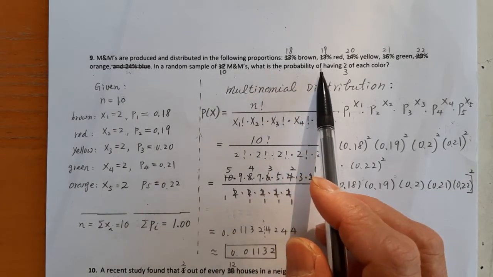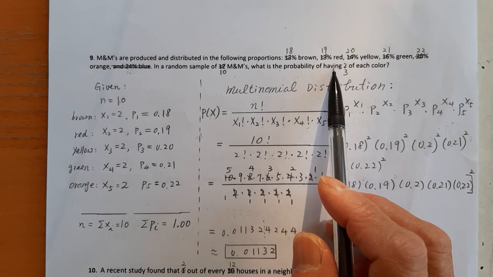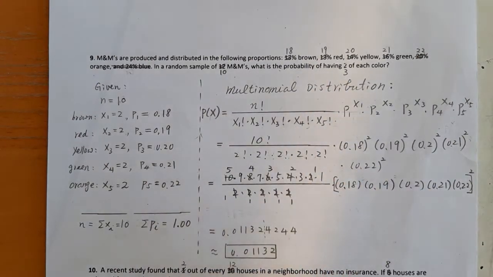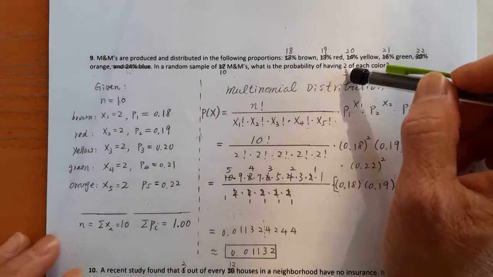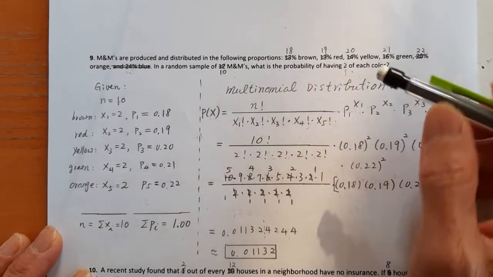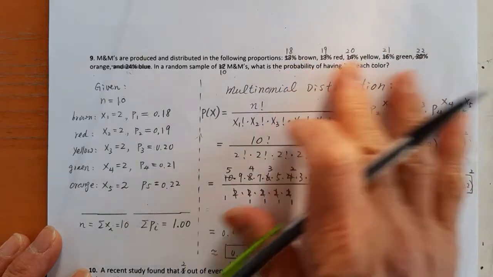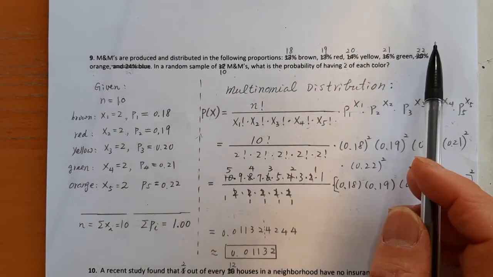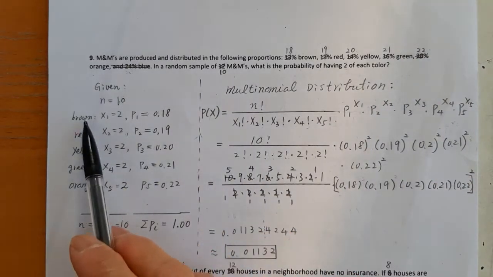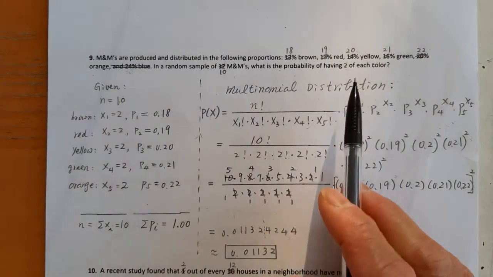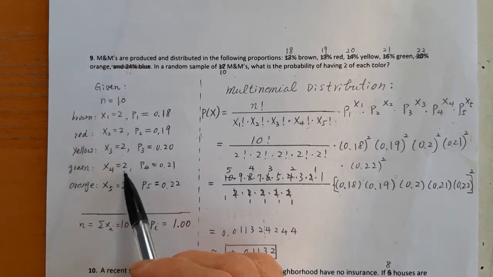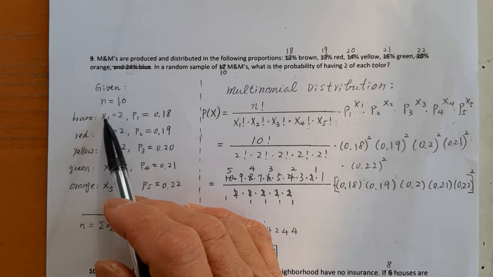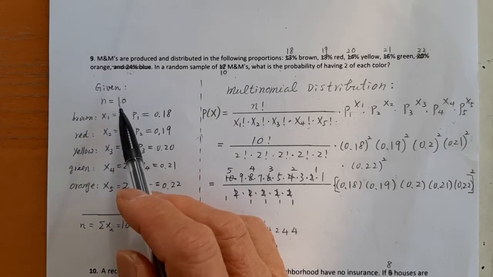And what is the probability of having 2 of each color? Here there are 1, 2, 3, 4, 5 colors, 2 of each color. So 2 times 5, the total equals n. The summation of x altogether should be equal to n.